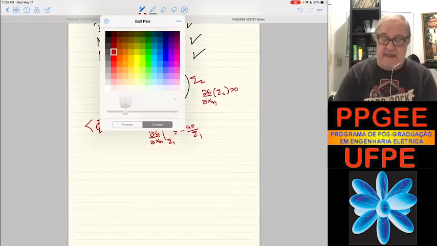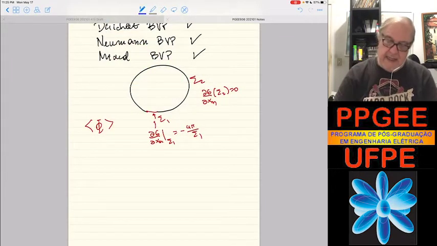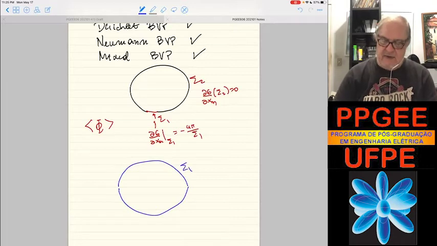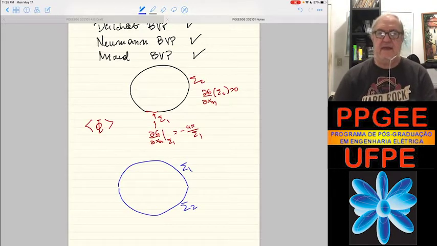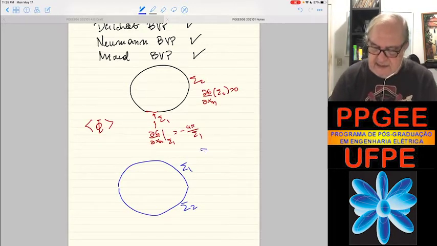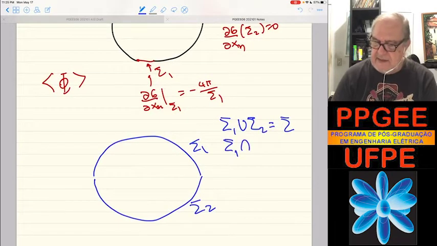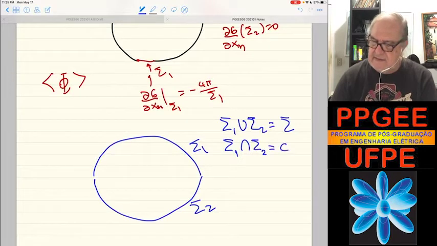Let's assume, for simplicity, without loss of generality, that we have the boundary broken into boundaries sigma 1 and sigma 2, okay? So it means that sigma 1 union with sigma 2 is the total boundary, sigma, and the intersection is the empty set, right?